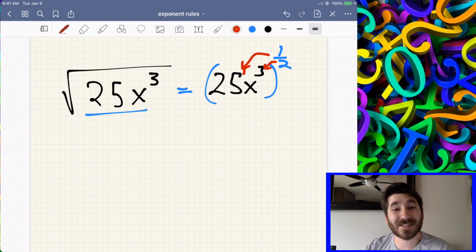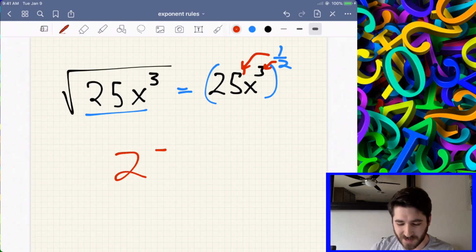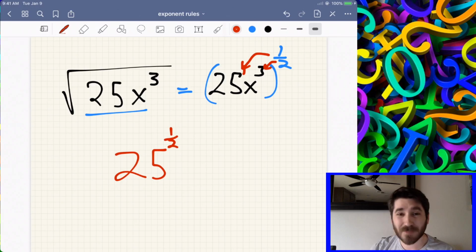The 25 has an exponent of 1, and the x has a power of 3. And we've seen that when we have a power raised to a power, all we need to do is multiply those exponents. So we get 25 to the power of 1 times 1/2, that would be 1/2, times our x to the power 3. Our x, the 3 and 1/2 multiply to equal 3 halves.